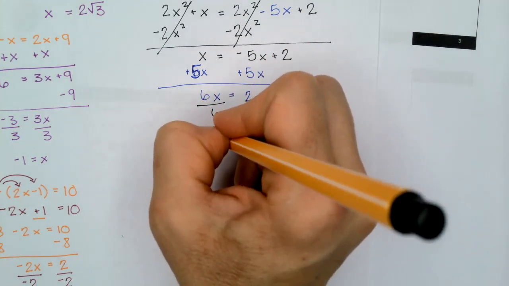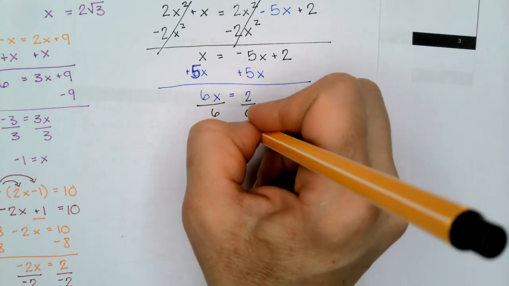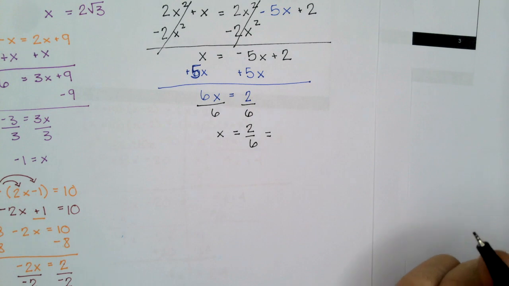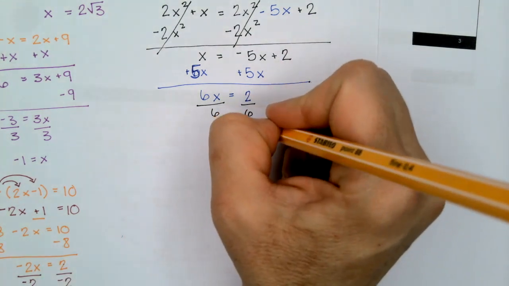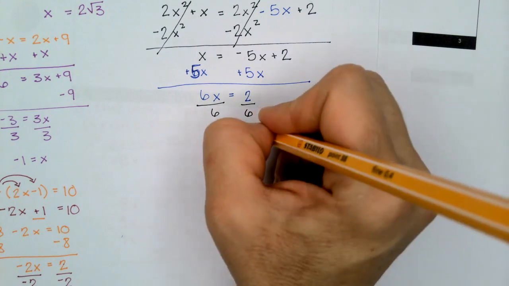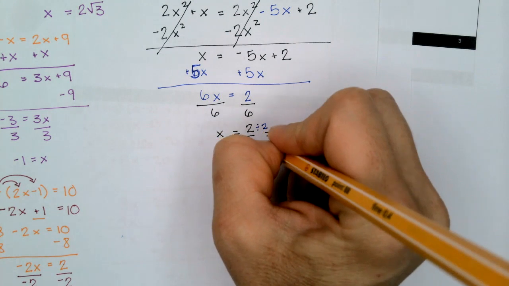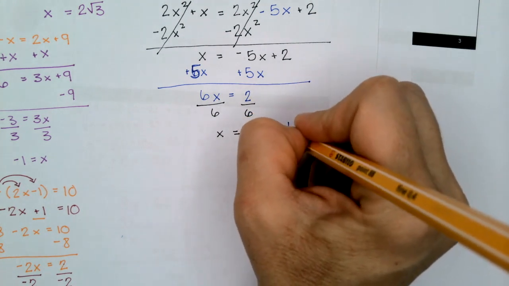Sorry, I just keep talking ahead of what my hands are doing. 2 over 6, right? But if I think about 2 divided by 6, both of those can be divided by 2, so the fraction can be put into lower terms. 2 divided by 2 is 1, 6 divided by 2 is 3.